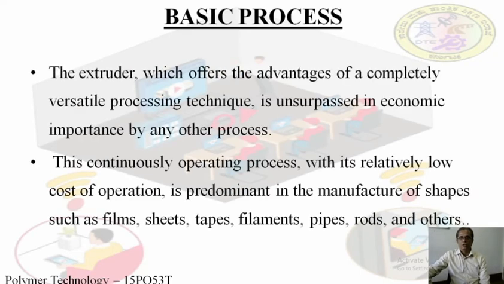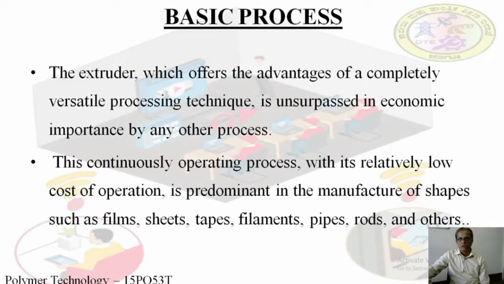What is extrusion? Extrusion is a very basic process which is used very widely for manufacture of continuous profiles. Extruder is a machine which we make use for extrusion process. Extruder, which offers the advantage of a completely versatile processing technique, is unsurpassed in economic importance by any other process.